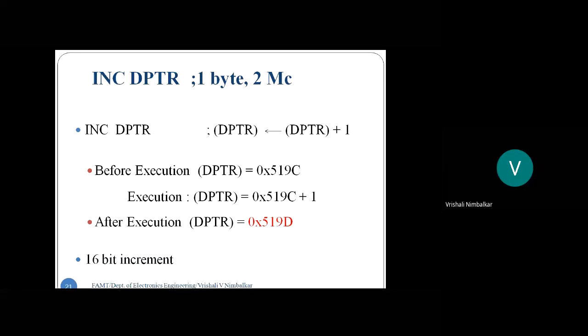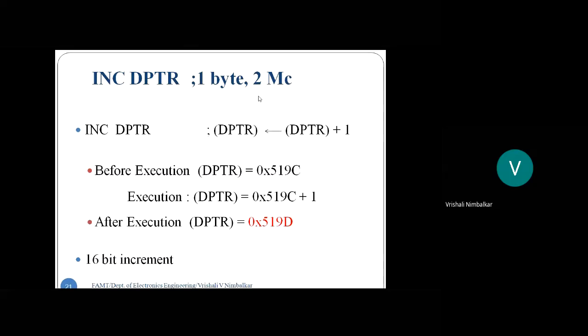increment operation: INC DPTR. DPTR is a pointer register. It points to external RAM memory or external or internal ROM memory. So here you are incrementing a 16-bit number. It's a 16-bit operation, 2 machine cycles.